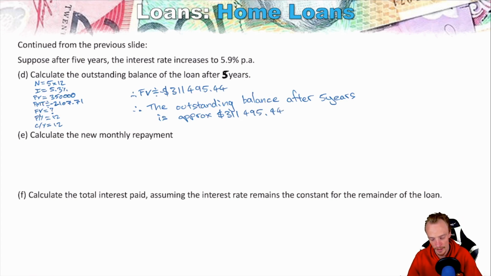So at this point, this allows us to now calculate what the new monthly repayment is going to be based on what the outstanding balance is after 5 years.